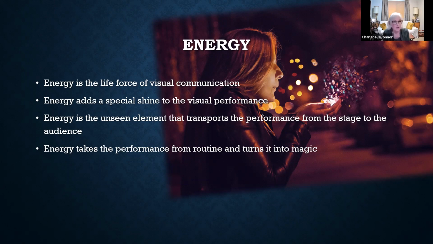This unseen element of energy, believe it or not, is a class that we could do all on its own. And maybe someday we can do that, in person, so we can all play with it a little bit more. Energy takes the performance from routine and turns it into magic. Now, this is where that unseen special shine element comes into play.